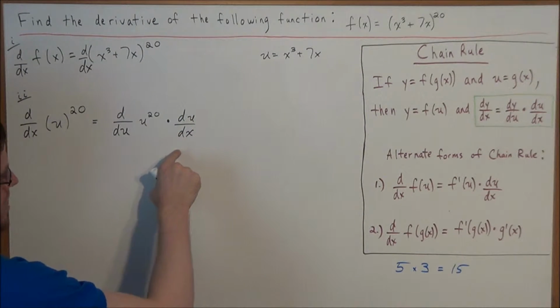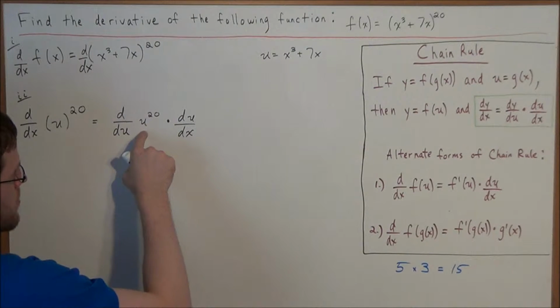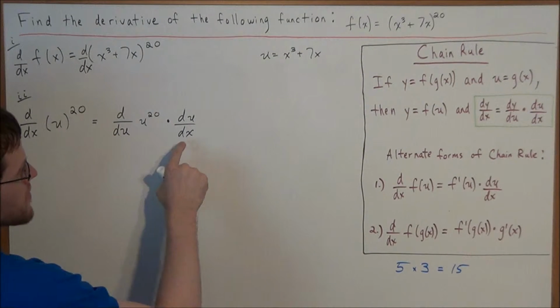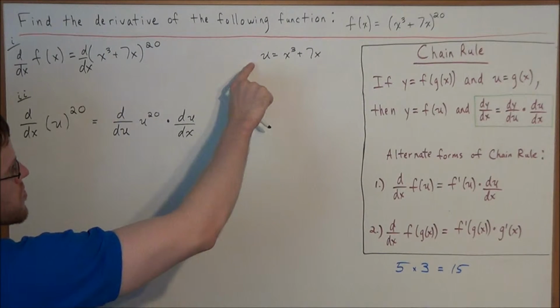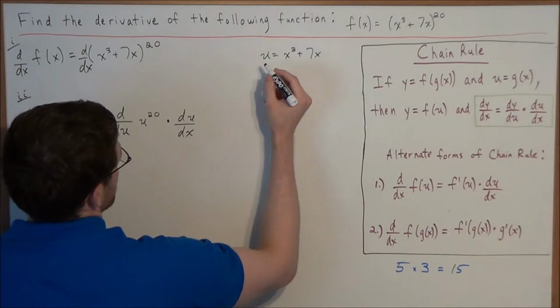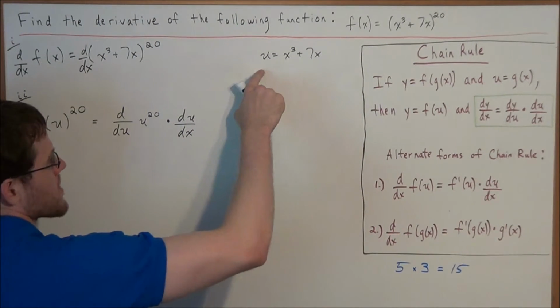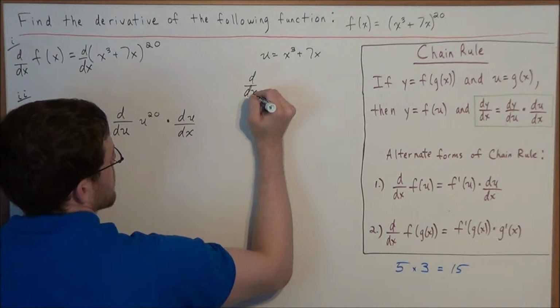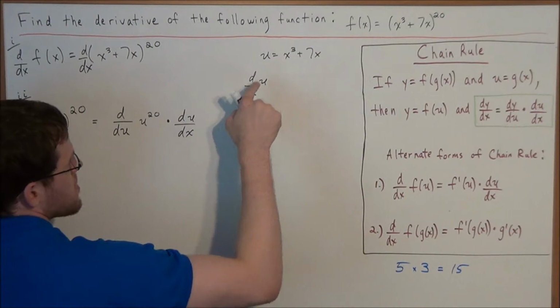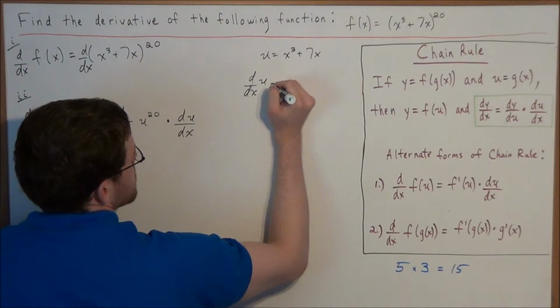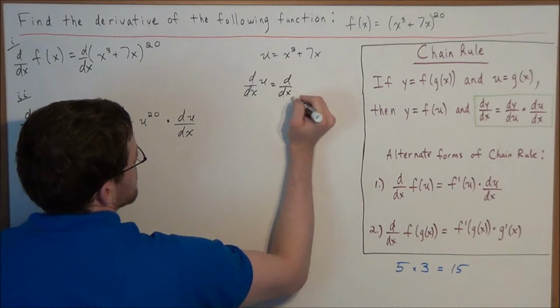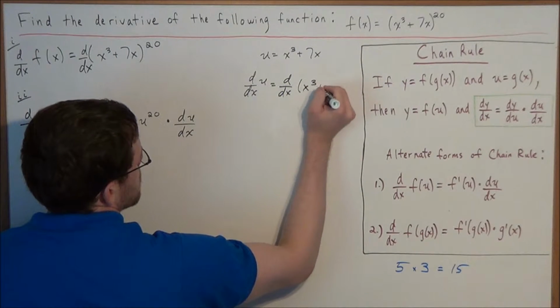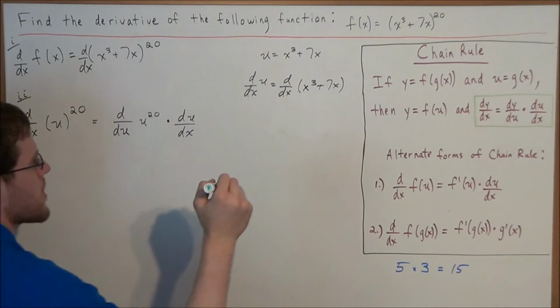Now we need to find du dx, because this we can find the derivative of. But what is du dx? Well, we're going to focus over here on this substitution we made. We're going to find the derivative with respect to x of both sides. So we're doing ddx of u, which is really du dx, equals ddx of x to the third plus 7x.